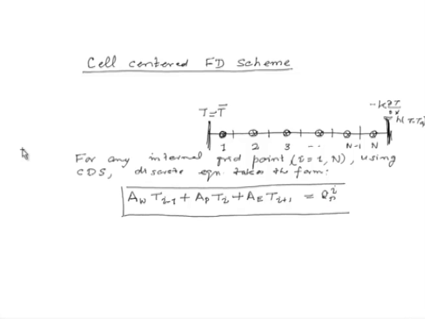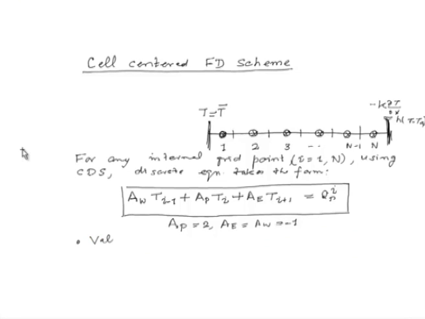This is the same as what we had done earlier with the vertex based scheme, absolutely no difference. The way we rearrange the terms, our AP is equal to 2, and AE is equal to AW is equal to -1.